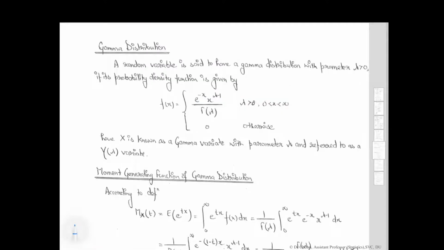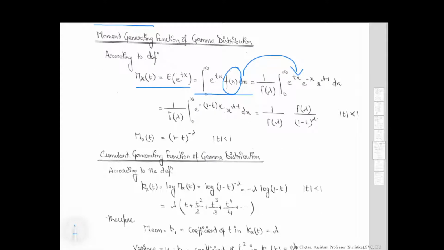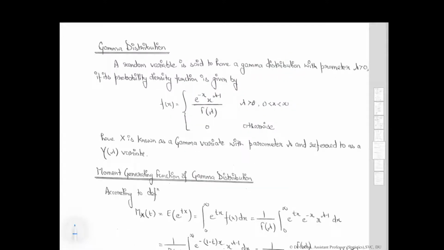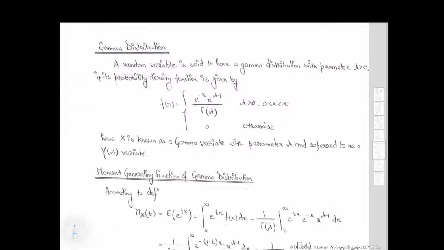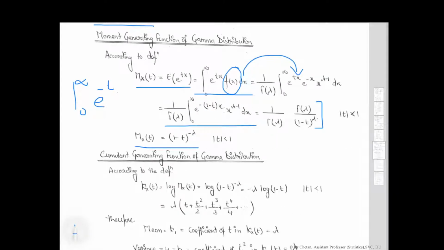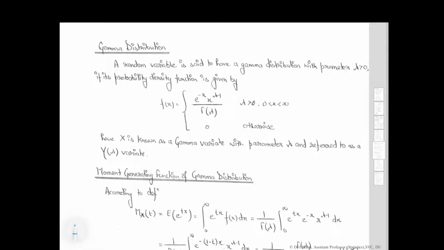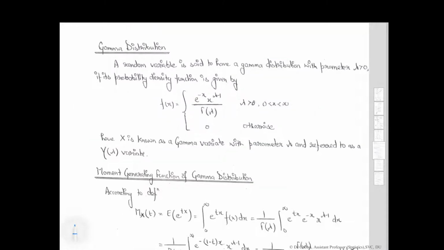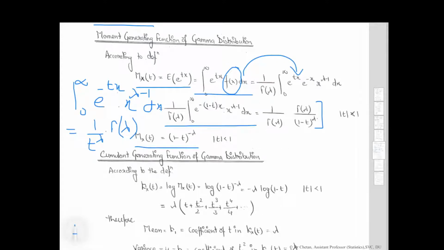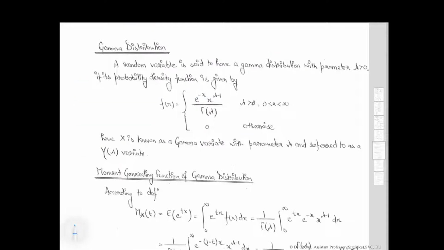After putting the value of f of x, we will get this, or after solving we will get this, because the integral from 0 to infinity of e raised to the power of minus tx into x raised to the power of lambda minus 1 dx is equal to 1 upon t to the power of lambda into gamma of lambda. This is the integral of the gamma. The value of this integral is equal to this quantity. Therefore, we write like this.